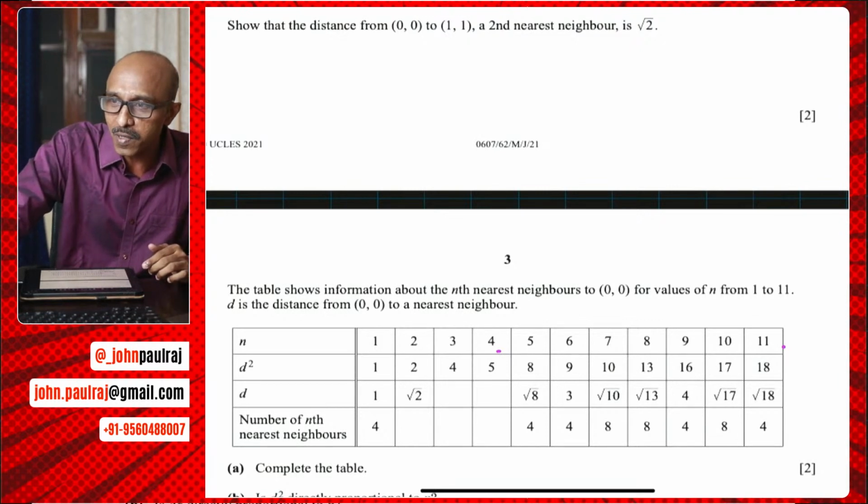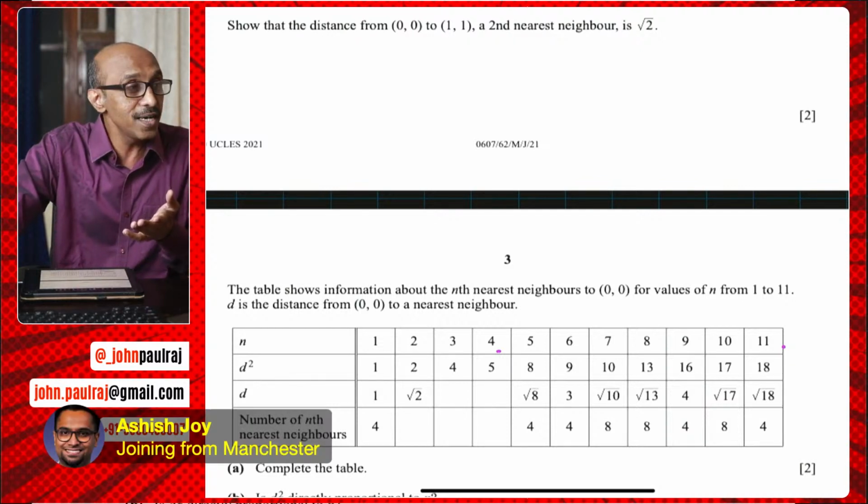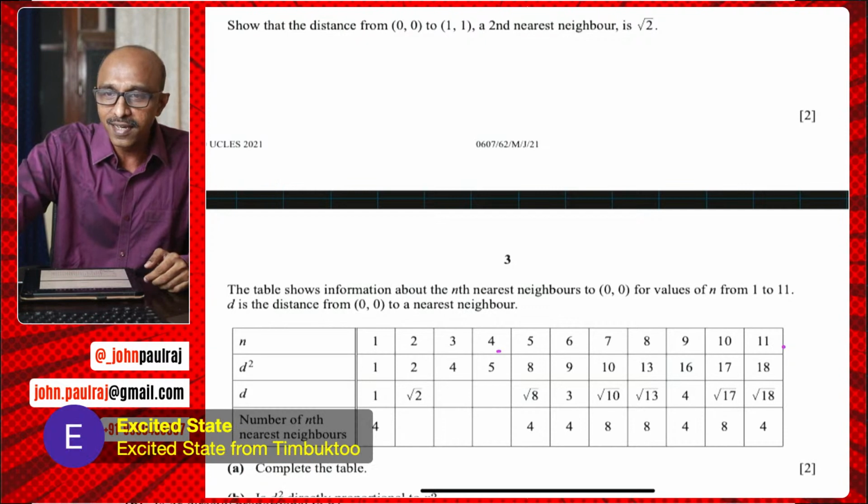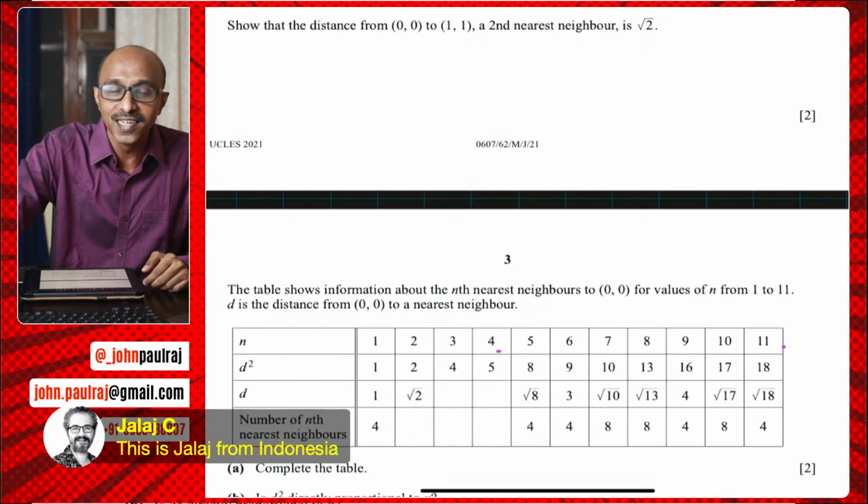I'm just trying to see how that works. So here we go, I have the chat on and the chat is off, and now if I say, can I see the chat? There you go. I figured it out. Great. And we've got another chat here from Excited State, from Timbuktu. I'm sure that this is a nice joke. And there is my good friend Jalaj. Thank you so much for joining all of us.